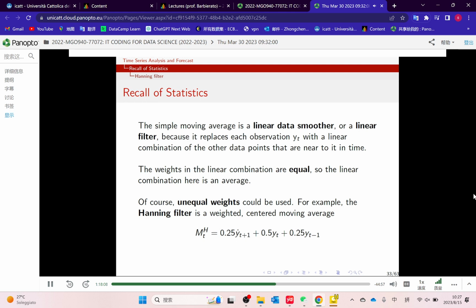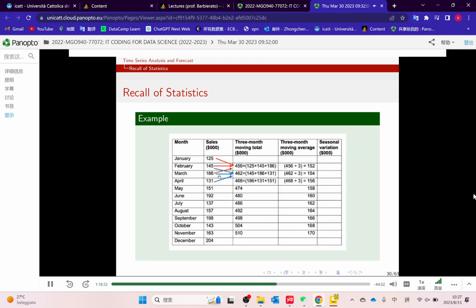In essence, what is the moving average? The moving average is this. You are giving a weight to each value of your time series. This weight is equal to 1 for the span, for the sliding window you are considering, because the first time in here, I'm just giving a weight of 1 to January, to February, and to March.